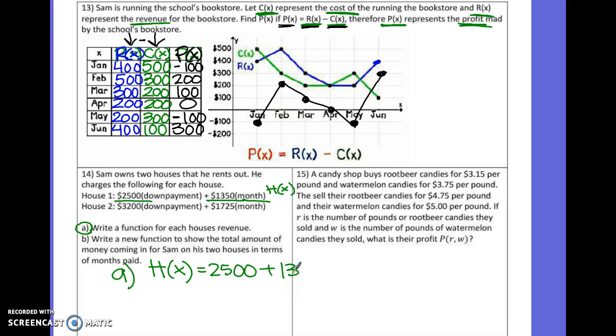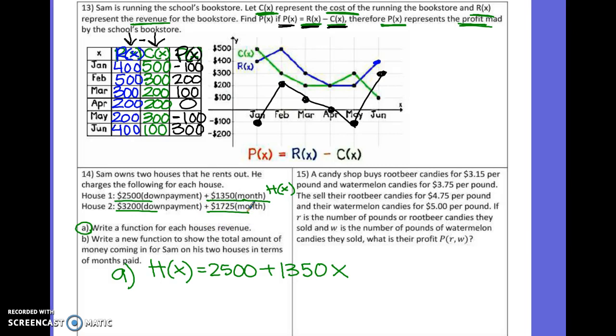He's renting these houses. That means this is the money that Sam is going to earn or get from the people renting his house. But he gets that much every month, so I'm going to put X there. Then for house number 2, we got this much down payment and that much per month. So this must be a bigger house.